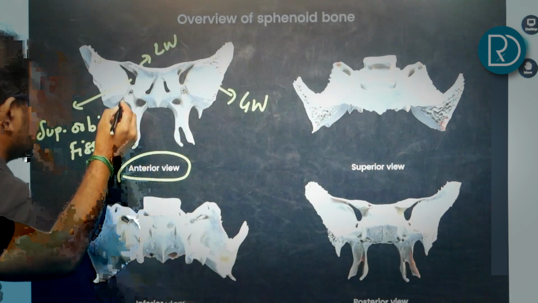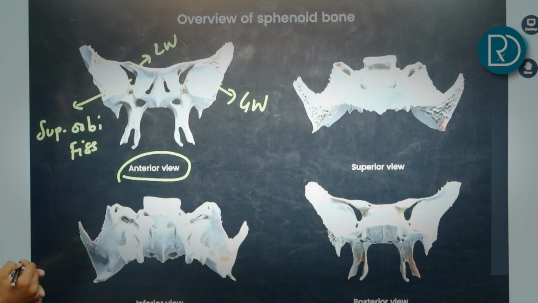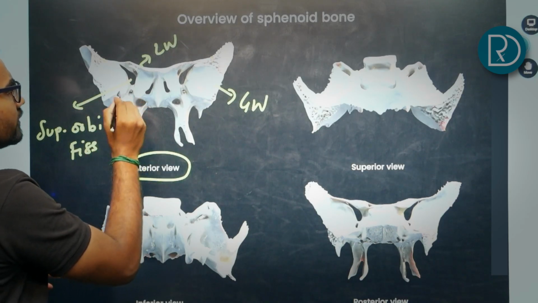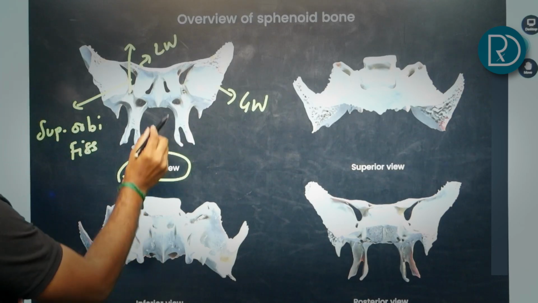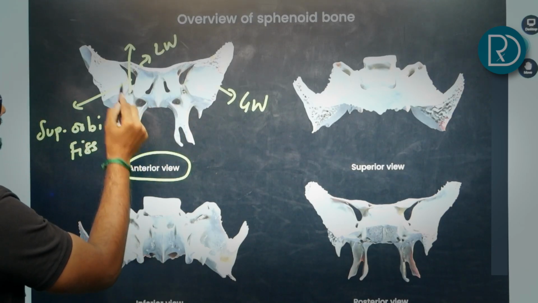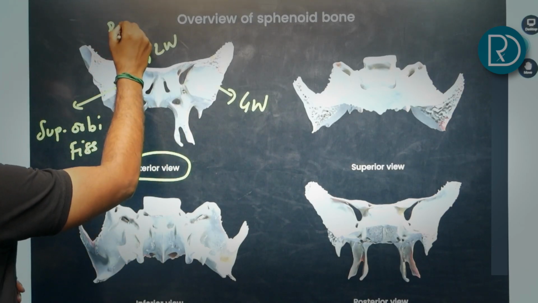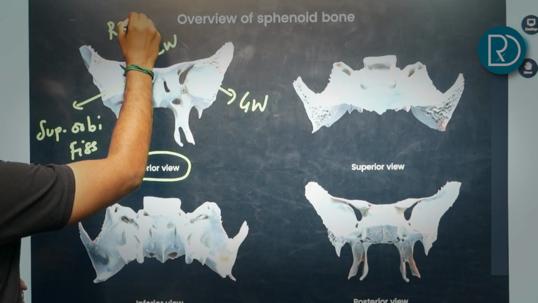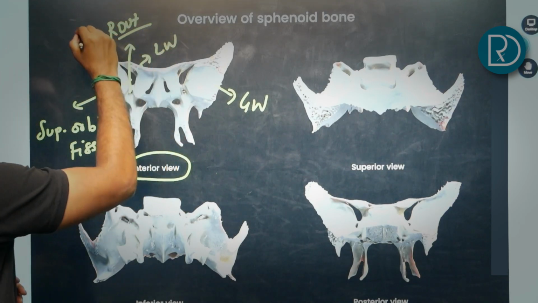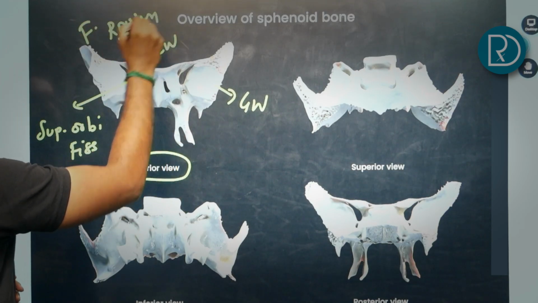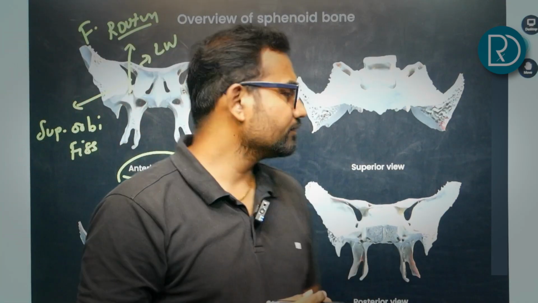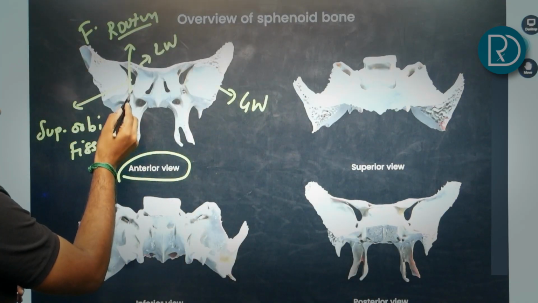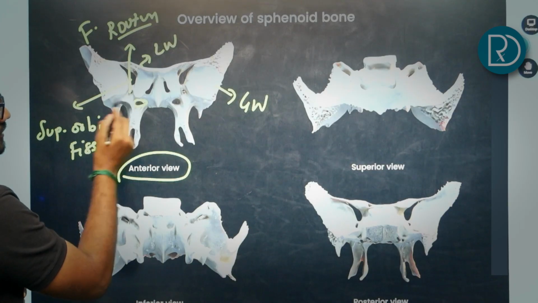Now, below the superior orbital fissure, you see a beautiful round structure here, and you can visualize the other side. This round structure is the foramen rotundum, and it carries the maxillary nerve. Below the foramen rotundum, I see an oval structure here.